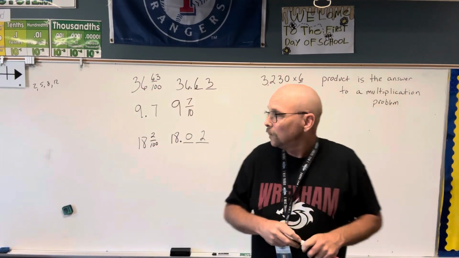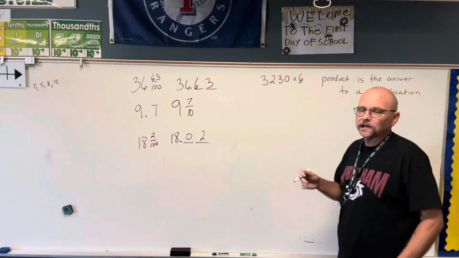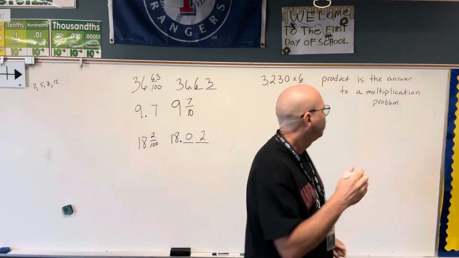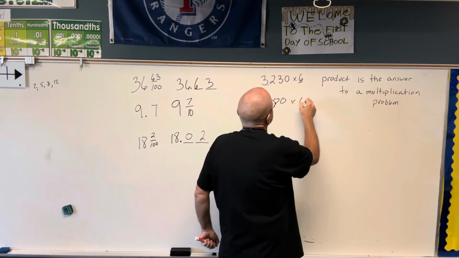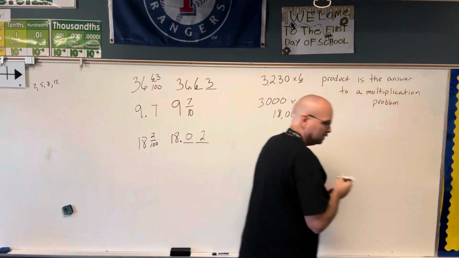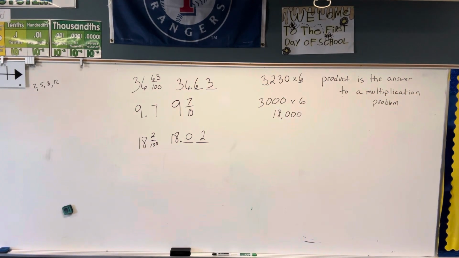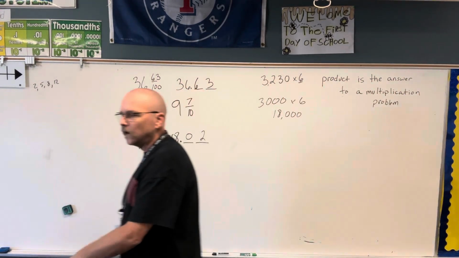If I were estimating, because I just want to get a general idea, I might do 3,000 times 6, which is going to give me 18,000. So your answer should be somewhere generally near 18,000.